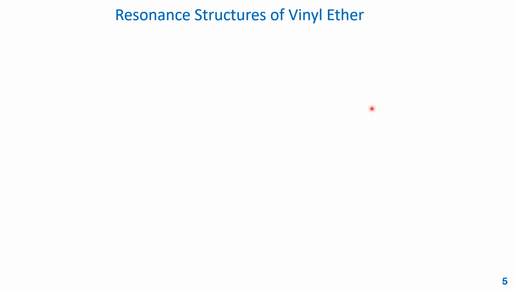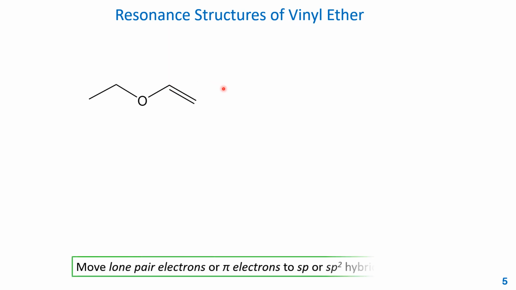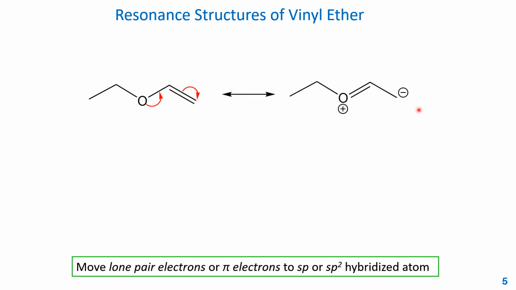Let's look at the vinyl ether. The vinyl ether structure is shown here. So it's a vinyl group, and it's ethyl vinyl ether. And the oxygen has a lone pair here. Actually, it has two lone pairs. And this carbon is sp2 hybrid. So we can draw the resonance. Follow the rule, right? The lone pair pushes back and pushes the pi bond to just one of the carbons, and then you can draw the resonance.